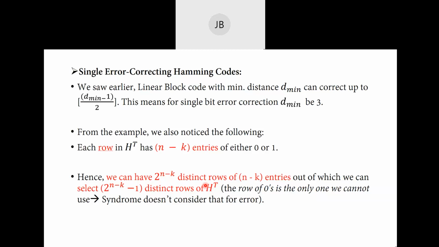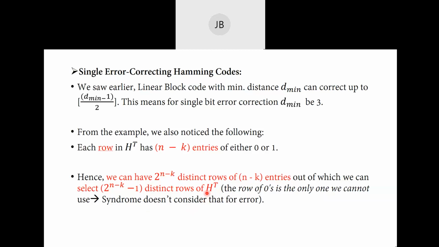For example, if it is the third row, then the third bit in the code word has an error. In this way, we map from the syndrome vector to H transpose. For the same reason, we do not consider a row of zeros, 000, in H transpose, because that means there is no error.